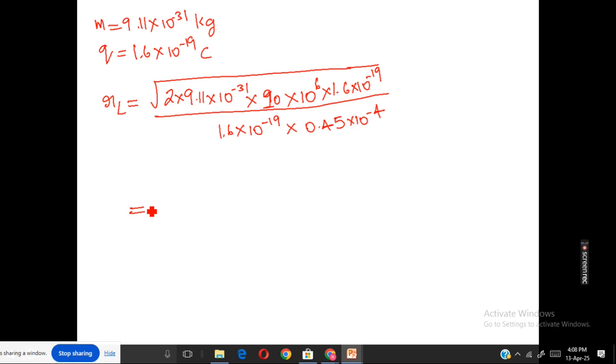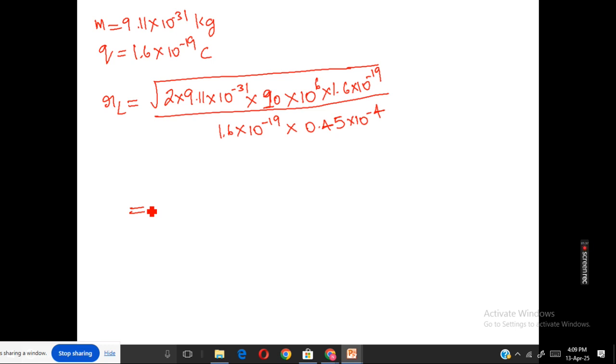The answer will be root of 2 into 9.11 into 10 raised to minus 31 into 10 into 10 raised to 6 into 1.6 into 10 raised to minus 19, divided by 1.6 into 10 raised to minus 19 into 0.45 into 10 raised to minus 4.